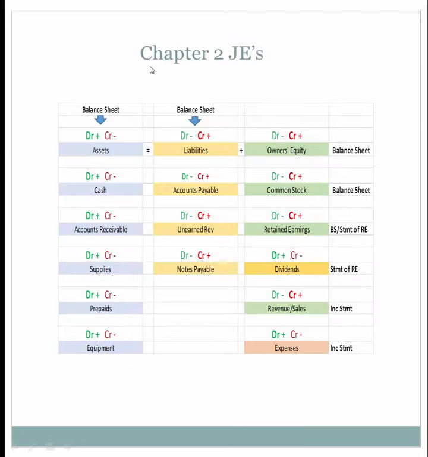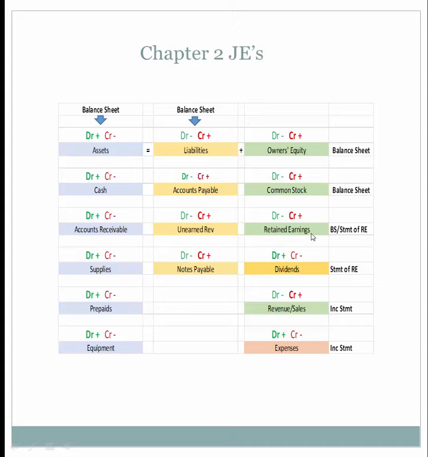Now let's look at journal entries. When we learned about journal entries in Chapter 2, we expanded the different types of assets that we learned about, but we can see that each one of them is increased with a debit. And we learned about other new types of liabilities, but we can see each one of them is increased with a credit. Owner's equity, we learned that they increase with a credit for common stock.